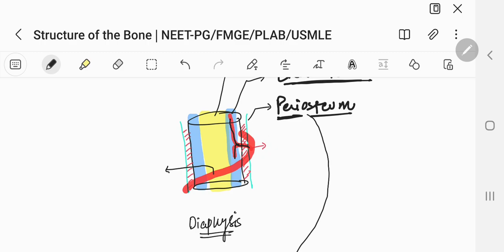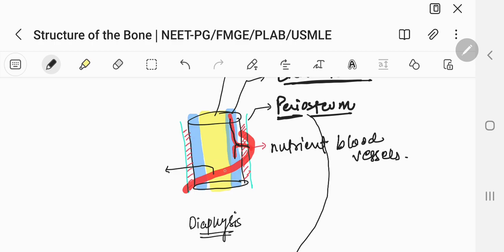So what are these known as? These are known as nutrient blood vessels. They have some nutrient foramina, which allow them to go inside the bone as well.